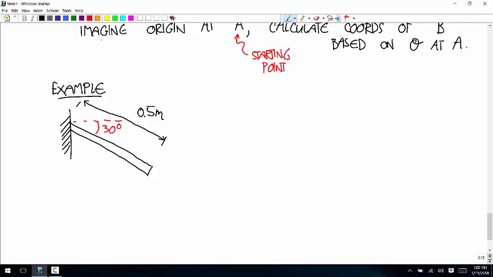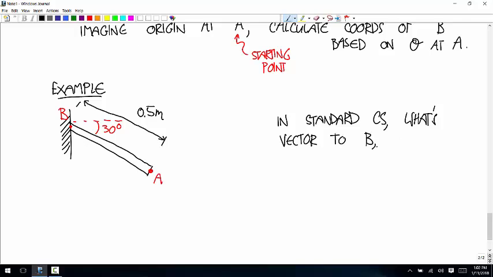Let's say that this is the point A, and this is the point B. And in the standard coordinate system that we're used to, the vector to B from A.